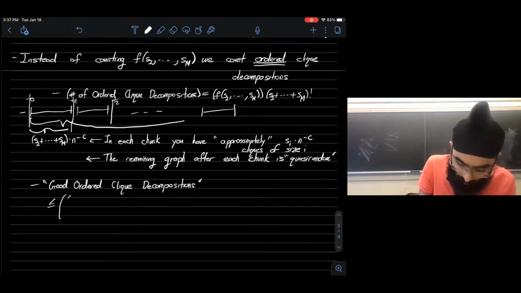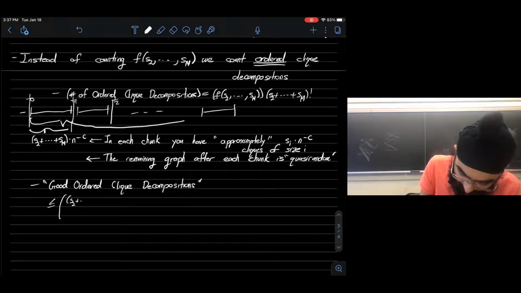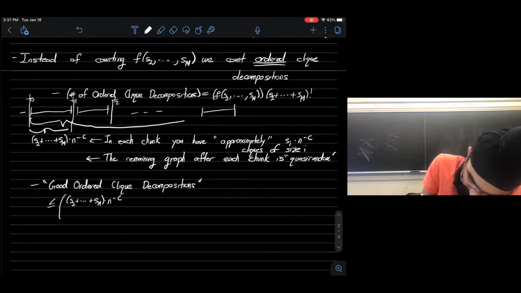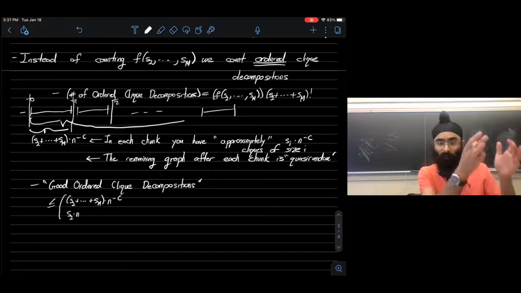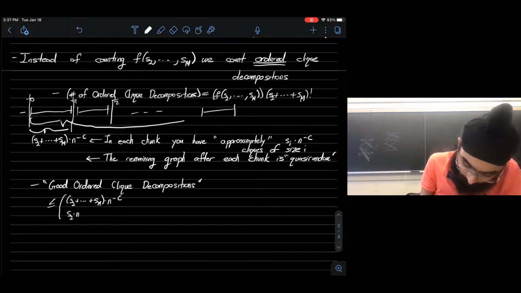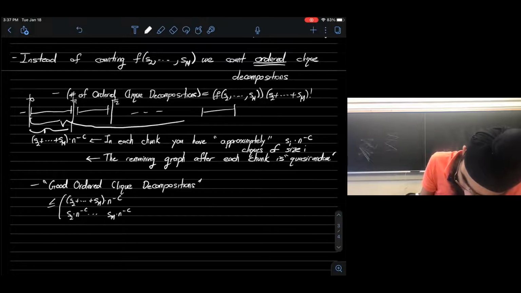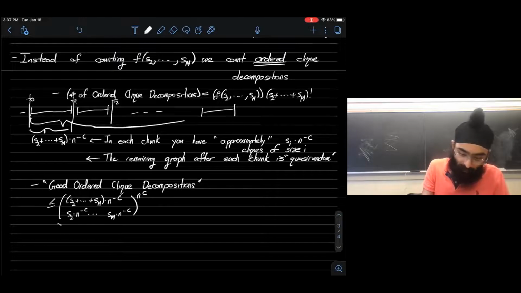And that you can just do by Stirling. It's S2 plus ... plus Sm, times n to the minus c. So in each chunk, I need to choose where to put the cliques of size 2, cliques of size 3, and so on. And there are n to the c chunks. So that's the number of ways to order the sizes.